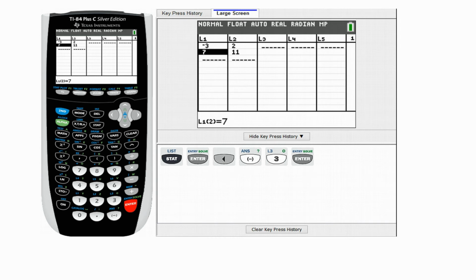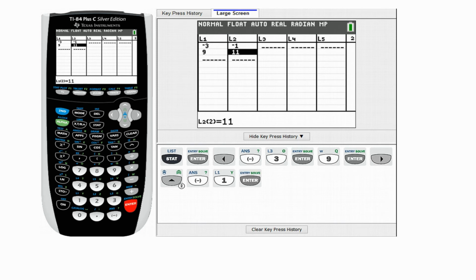If you use the minus sign, the calculator is going to be very upset with that. Now I'm going to type in my 9, then arrow over to L2, arrow up, type in my coordinate for y, -1, enter, then type in 5, enter.